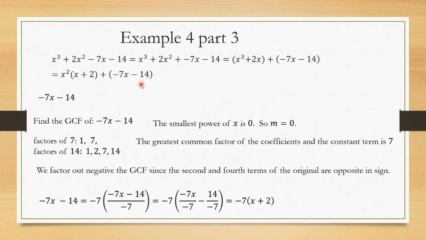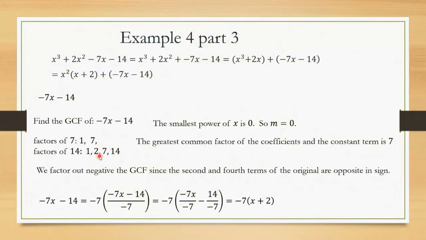Well, for the second group, there's a non-zero constant term, so we can't take out x at all. So m is 0. If you look at the factors of 7 and 14, 7 is a factor of 14, as I have written there. Factors of 7 are 1 and 7.